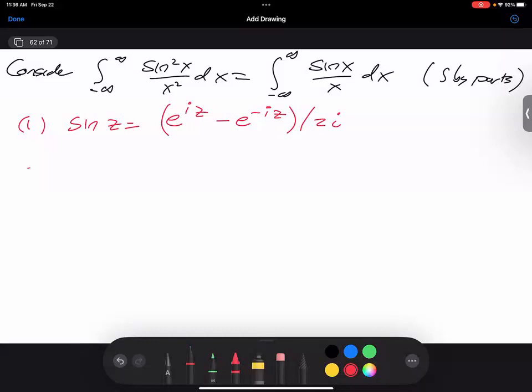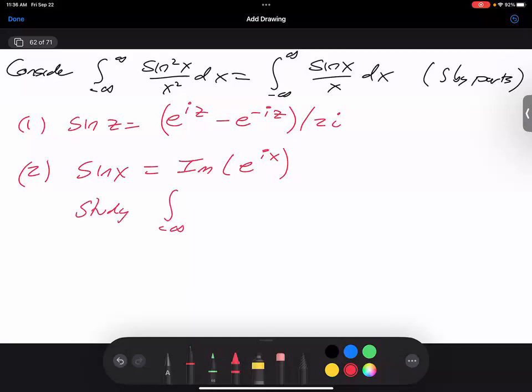The other thing we could do is say the sine of x is the imaginary part of e to the ix, because e to the ix is cosine x plus i sine x. So what if we study the integral from minus infinity to infinity of e to the ix over x dx and take the imaginary part?